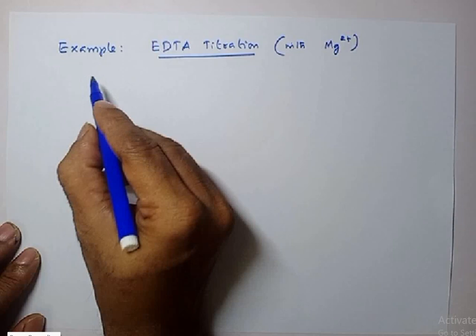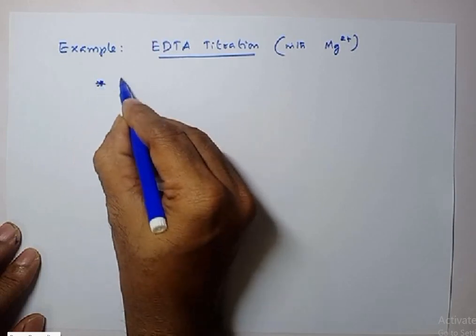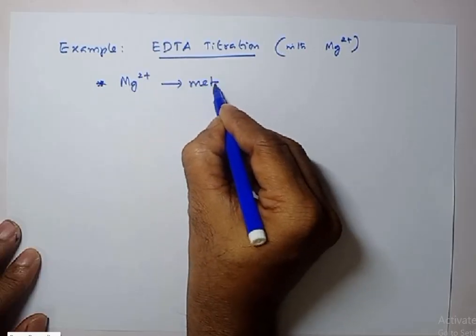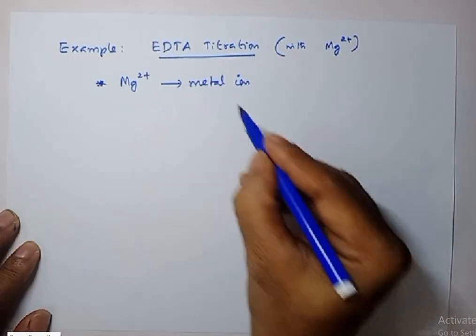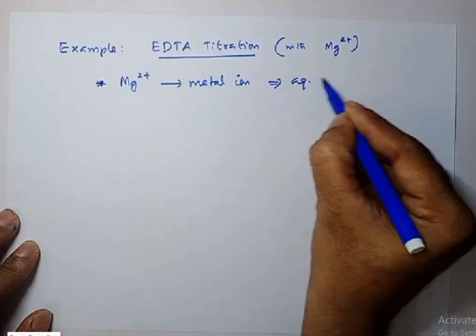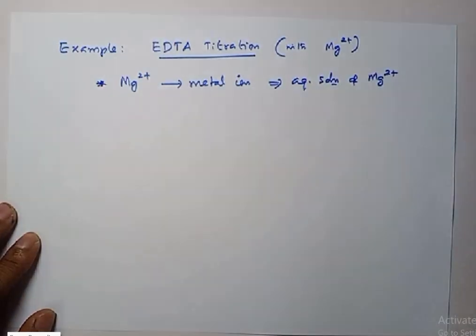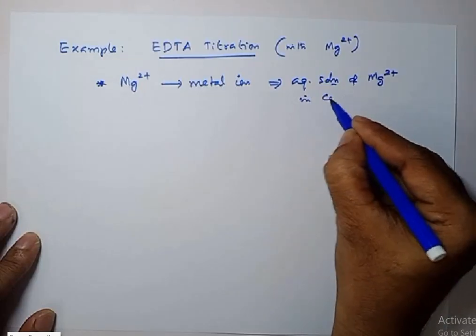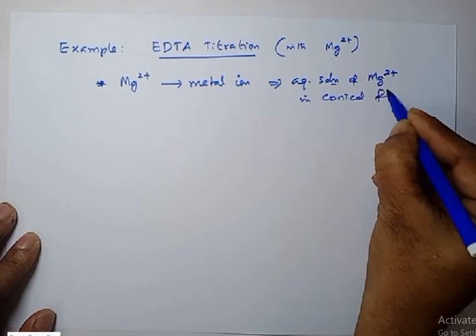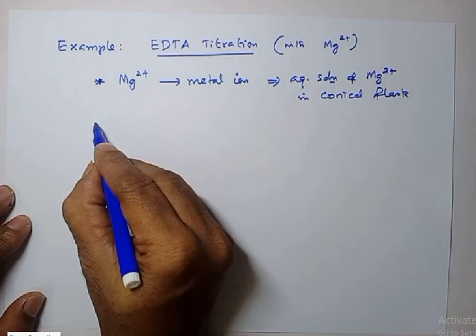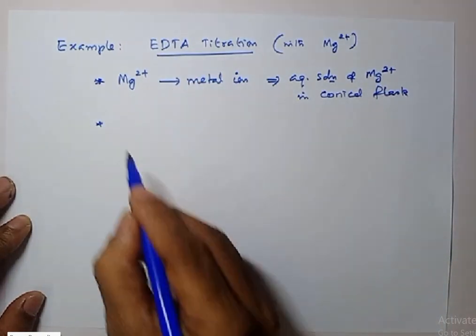So observe carefully here. The magnesium ion, Mg2 plus, is the metal ion. We take this aqueous solution of Mg2 plus in a conical flask. Then we take EDTA.